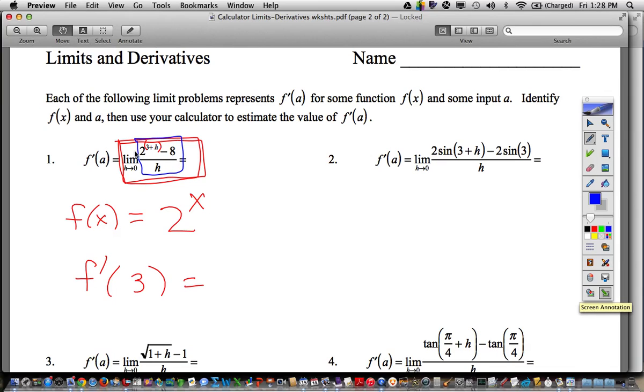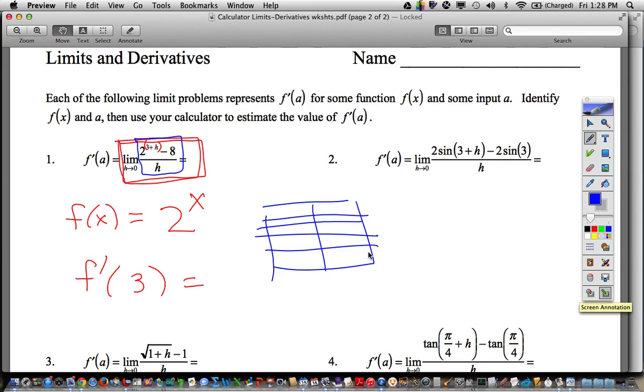You're going to go to your calculator and put in the blue part. Not the limit part. Don't put that in there. Just the blue part, except you're not going to use h, you're going to use x. And you're going to put that in, look at your table, and jot your table down over here. Go ahead and do it. We'll check our answer.